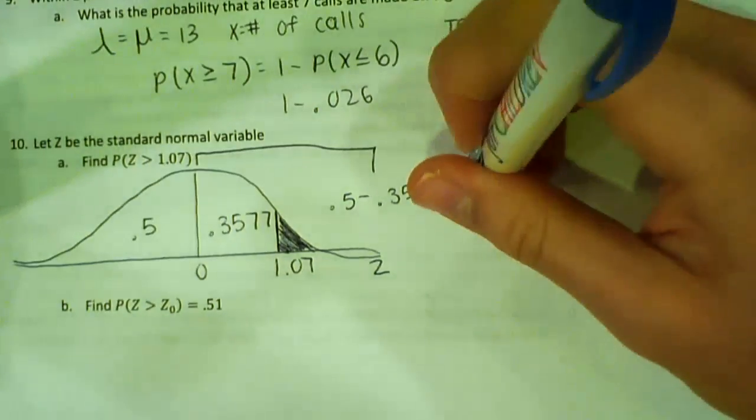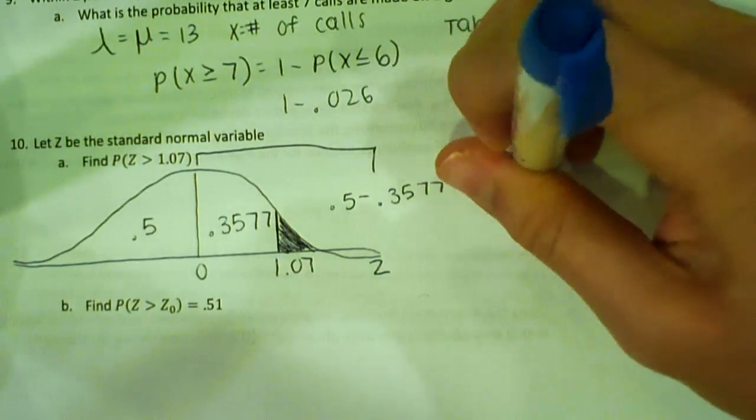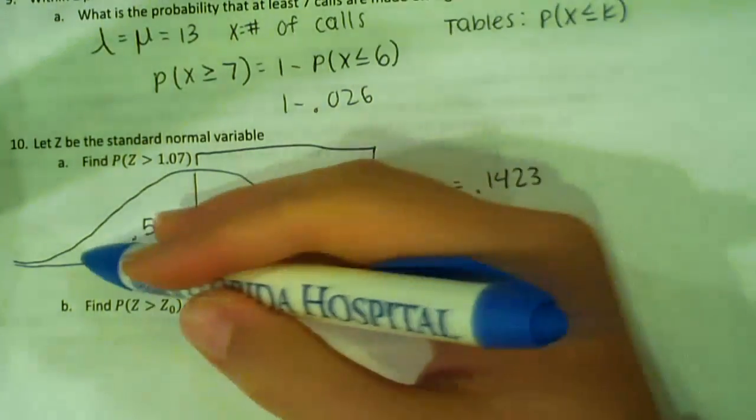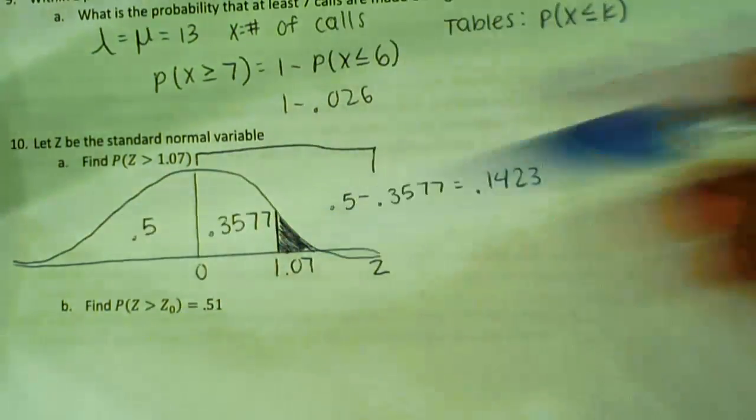Now if you have the positive, negative z-tables, I would just look up negative 1.07, and then that would just get you the same, because again, they just reflect. This is a symmetric distribution.